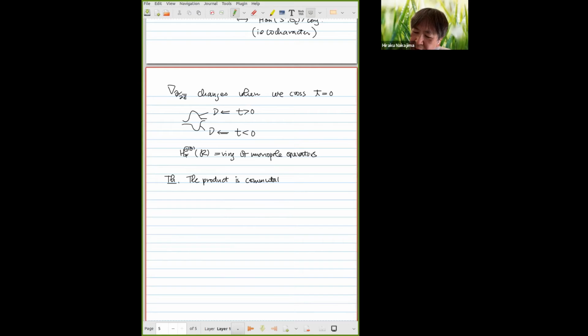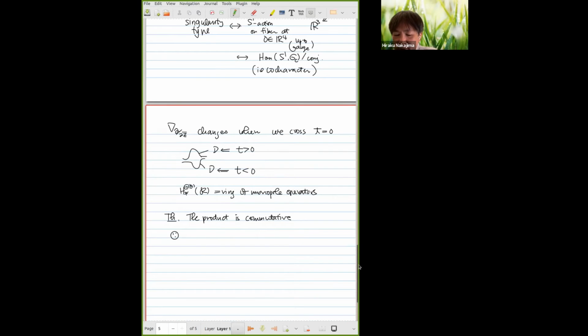In other settings, convolution products are usually not commutative. Also the quantization of the Coulomb branch is not commutative. But in this particular case, without quantization, it is commutative.